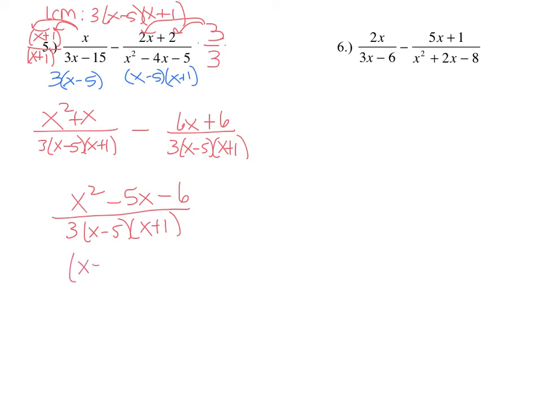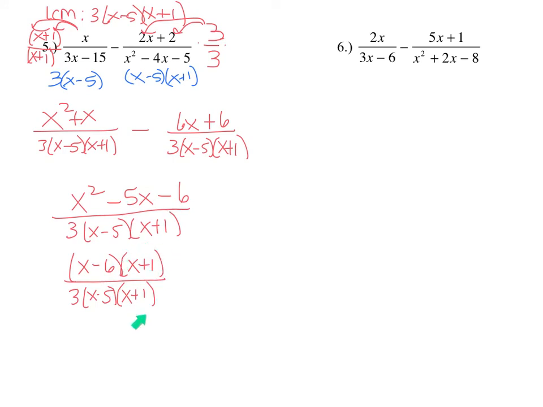We can factor it into x minus 6 times x plus 1. Because x times x is x squared, x times 1 gives us 1x, negative 6 times x, negative 6x, 1x take away 6x gives us the negative 5x, negative 6 times 1 gives you the negative 6.